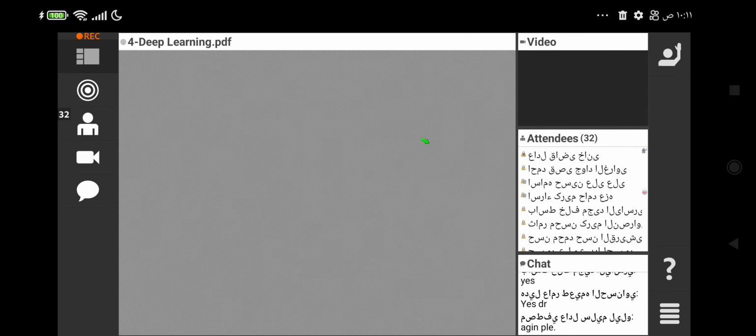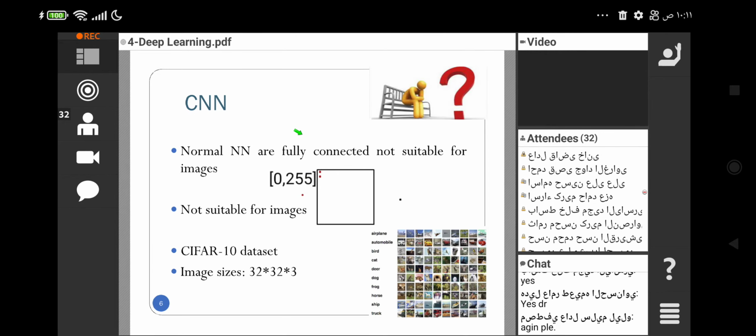You remember we said that the neural network is fully connected. Fully connected means that all of the outputs of each layer are connected to all of the inputs of the next layer.